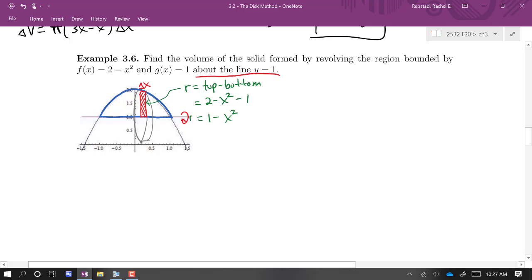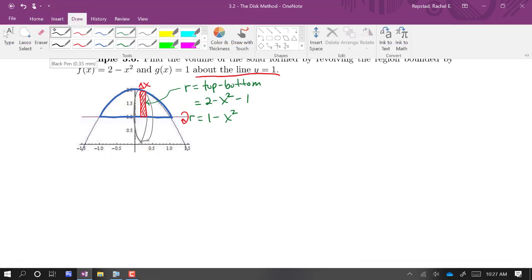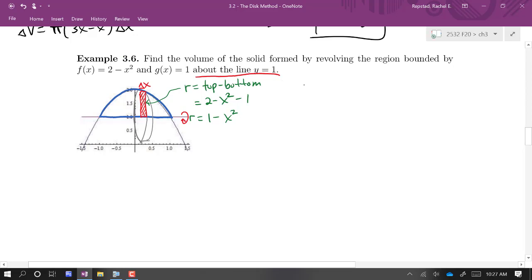That's our radius. So that means that our delta V, volume of the sample disk, pi r squared h, is pi times 1 minus x squared, squared. The height of the cylinder is the width of the rectangle. That's delta x.